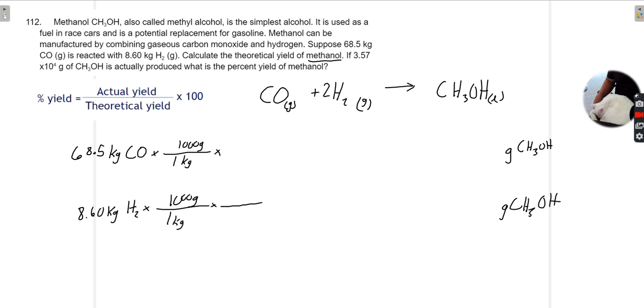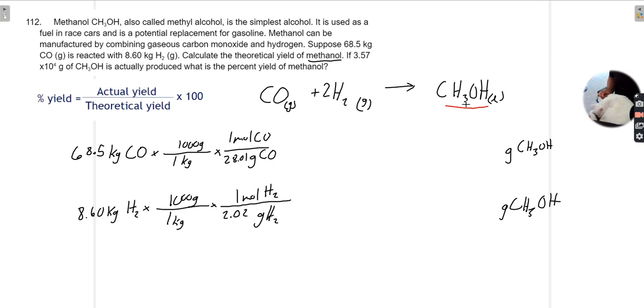And I know that's grams of H2, so I'm going to put grams of H2 at the bottom. And then over here, I know it's grams of CO, and we want to go to moles of CO. Over here, we want to go to moles of H2. Now, luckily, I just recorded that other video, so I know this is still 2.02. Now, carbon is 12.01, oxygen is 16, so that's 28.01 grams. All right, now we're at moles of CO, moles of H2, but we don't want that. We want CH3OH.